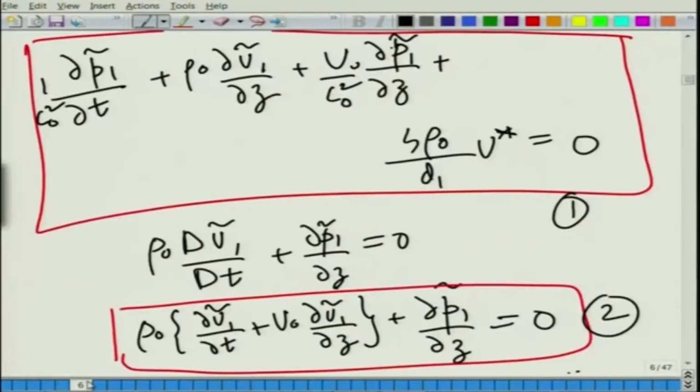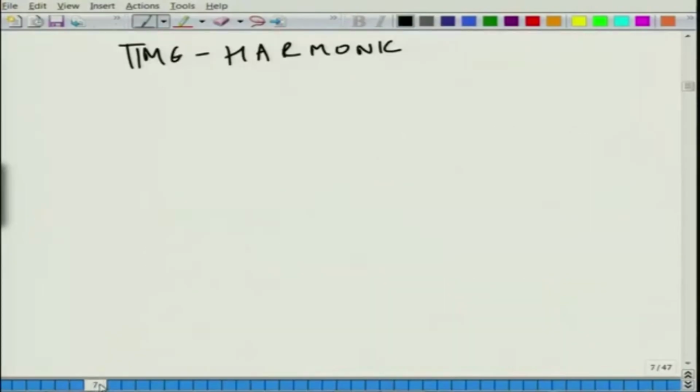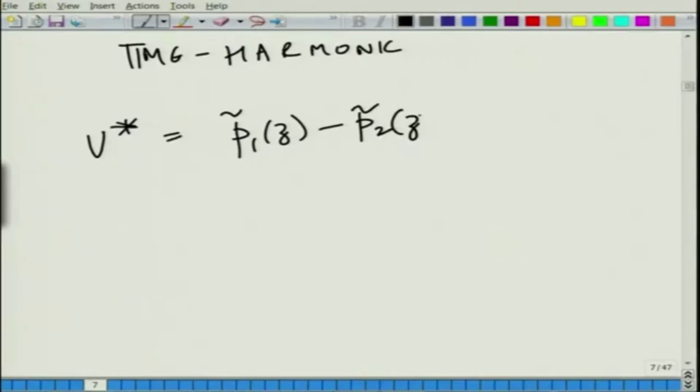So, as it turns out, u star is nothing but the difference. Here it is the first time that we are introducing the expression of perforate impedance. We will talk about all this perforate impedance later on, but u star is nothing but P1 tilde, which is a function of z. I am not writing z, it is understood.